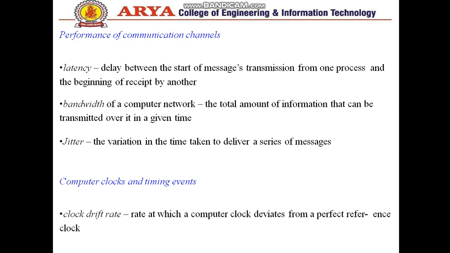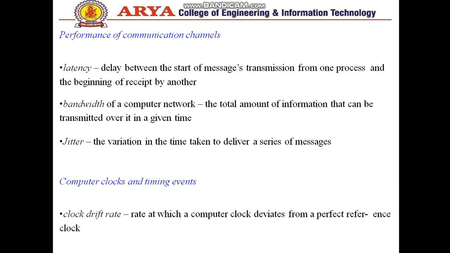That is the time delay between the start of the message transmission and the beginning of the receipt by the recipient. Bandwidth of the computer network is the total amount of information that can be transmitted over a given time. And the third parameter is the jitter, that is the variation in time taken to deliver a series of messages. By these parameters we measure the performance of the communication channel.